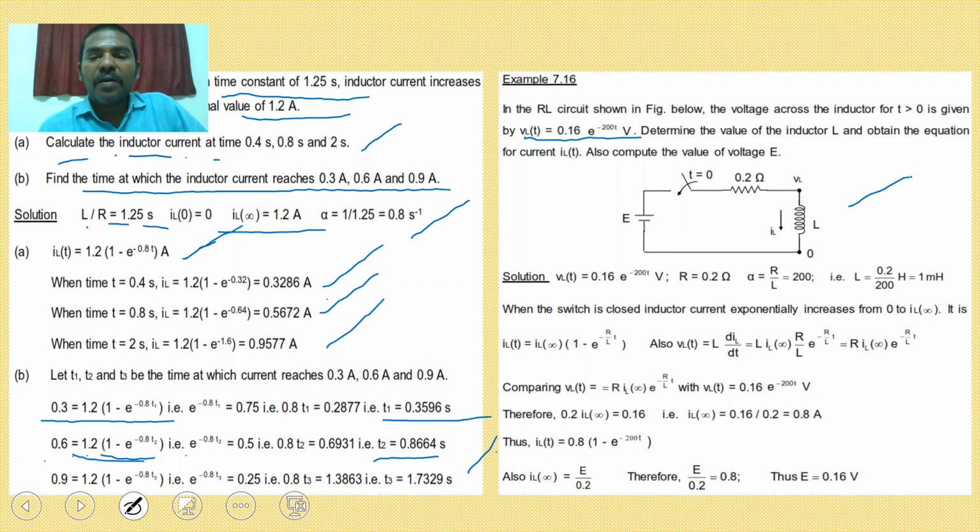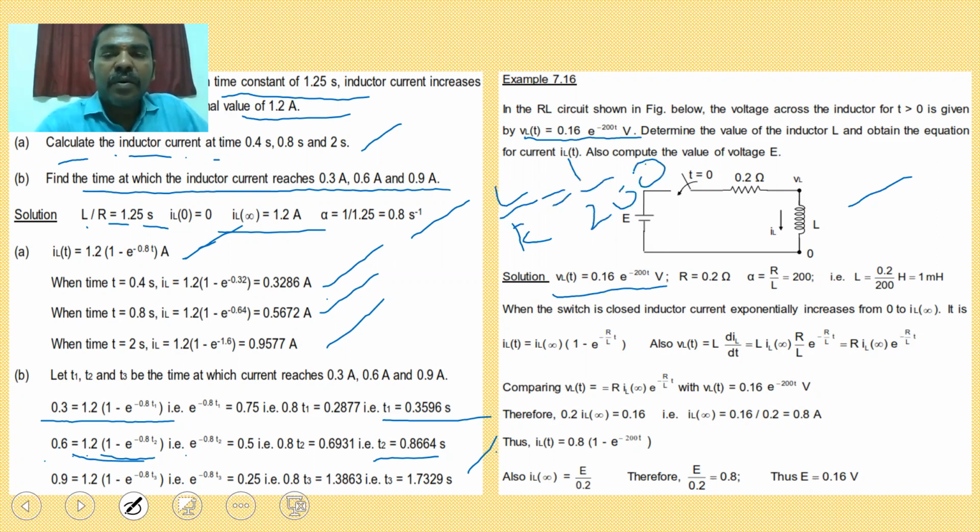Okay. Now the voltage drop across the inductor is equal to 0.16 e power minus 200t. So what is the time constant for an RL circuit? It is the L by R value, which is equal to 1 by 200.